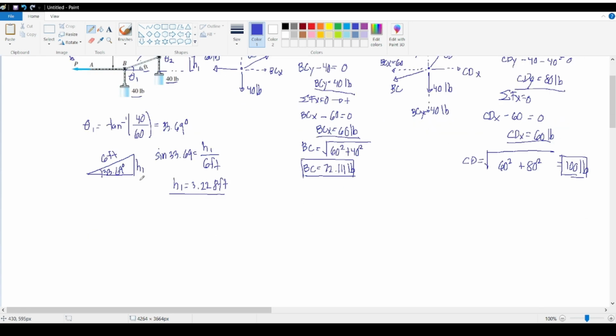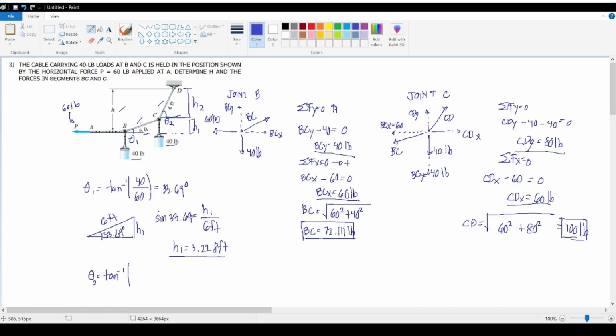The same procedure applies for solving for h2. We just have to find theta 2 first, which is still the inverse tangent of the components of the resultant force, for force CD to be exact. CDY is just 80 and CDX is still 60. Using our calculators, we have 53.13 degrees.